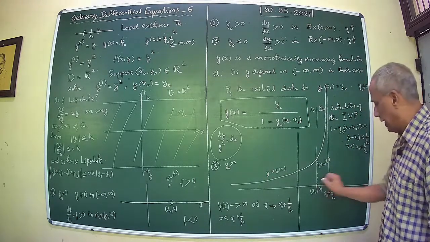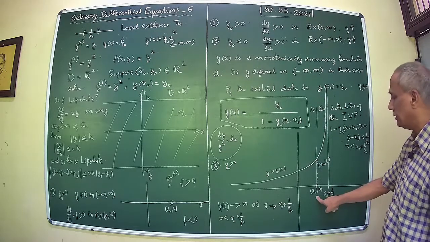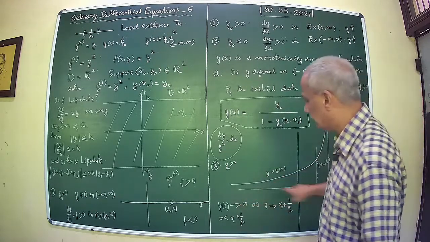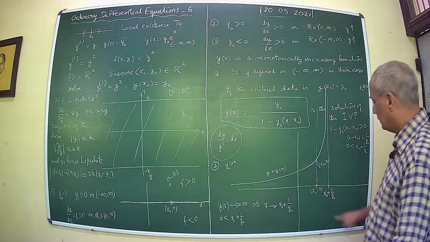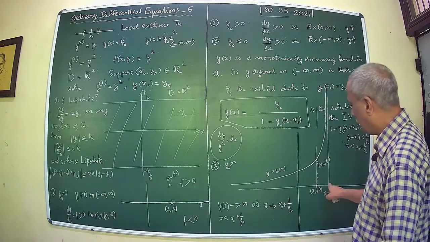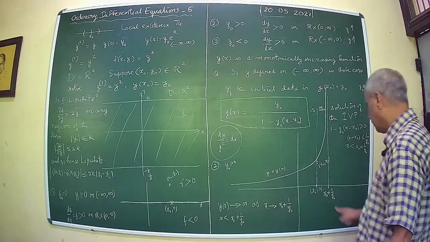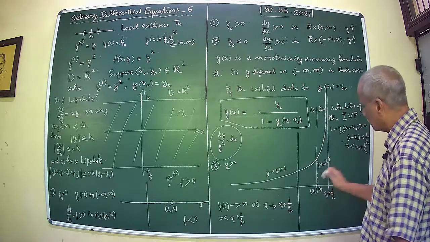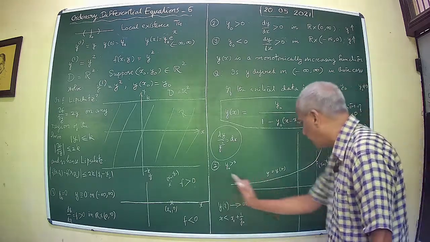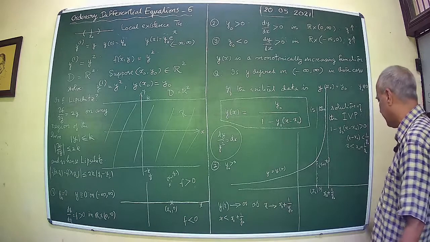And x naught lies on this interval provided x naught plus 1 by y naught is to the right. So only over here the initial data will be satisfied, not here.